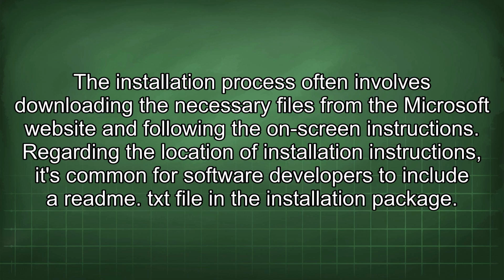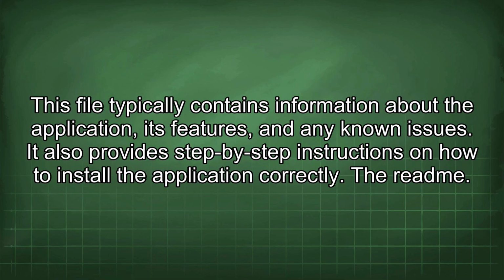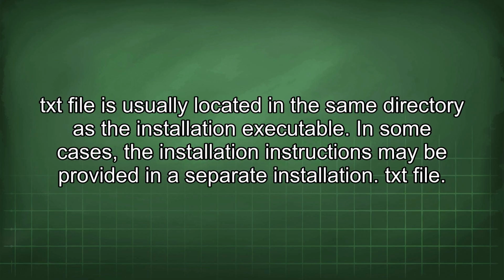Regarding the location of installation instructions, it's common for software developers to include a readme.txt file in the installation package. This file typically contains information about the application, its features, and any known issues. It also provides step-by-step instructions on how to install the application correctly. The readme.txt file is usually located in the same directory as the installation executable.